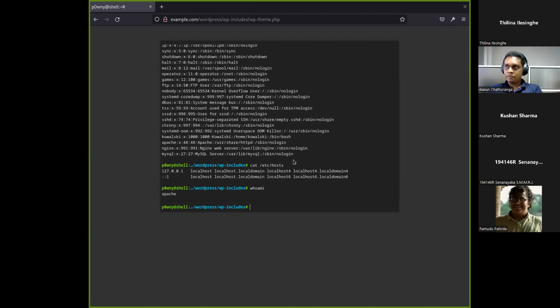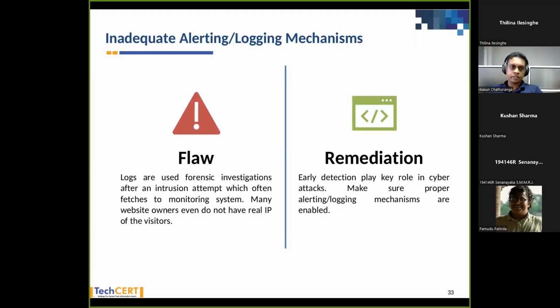But if they silently plant this sort of thing, they can use it for their future activities, which I have mentioned before.